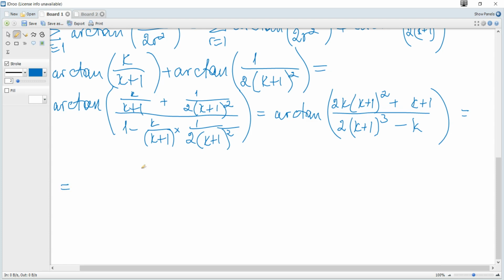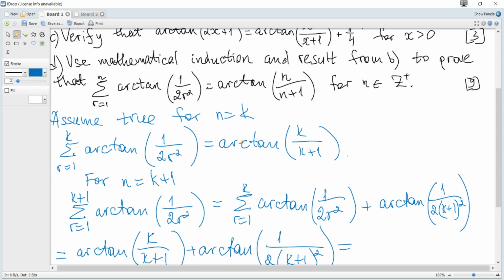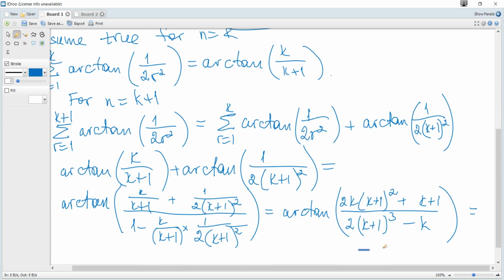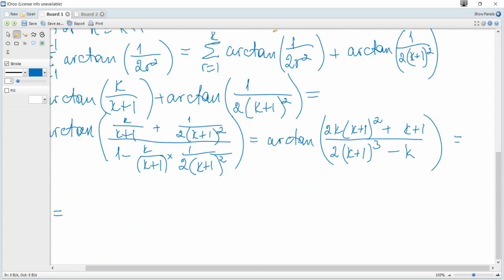And let's consider what we should get. This must be equal to k plus 1 divided by k plus 1 plus 1, so over k plus 2. So this must be equal to k plus 1 over k plus 2.